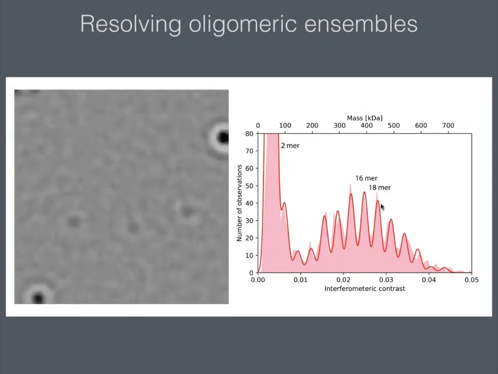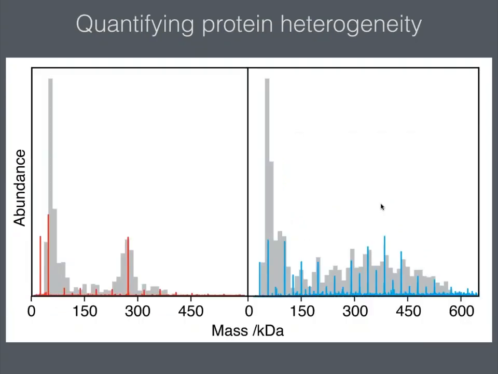This is the human form of the protein, HSP27. And I want to show you that if we compare that protein measured by mass photometry, which is now the gray histogram in the background, with our most state-of-the-art, most complicated native mass spectrometry experiment, which I'm going to talk about in more detail later on, you'll see the mass distributions align really quite well.